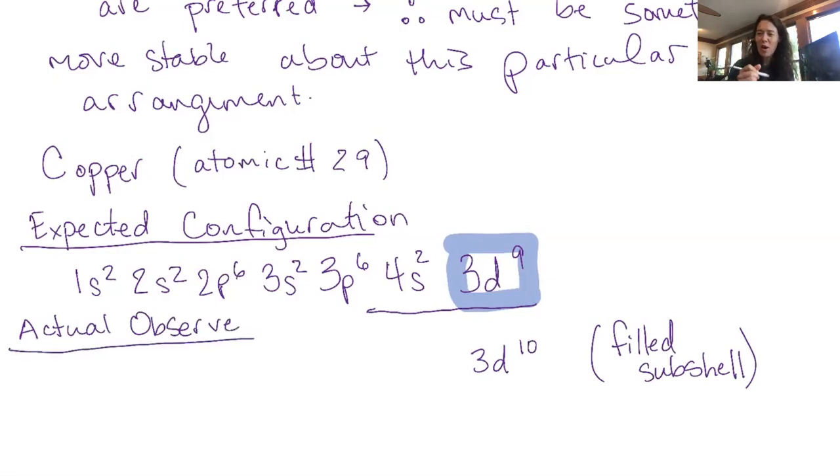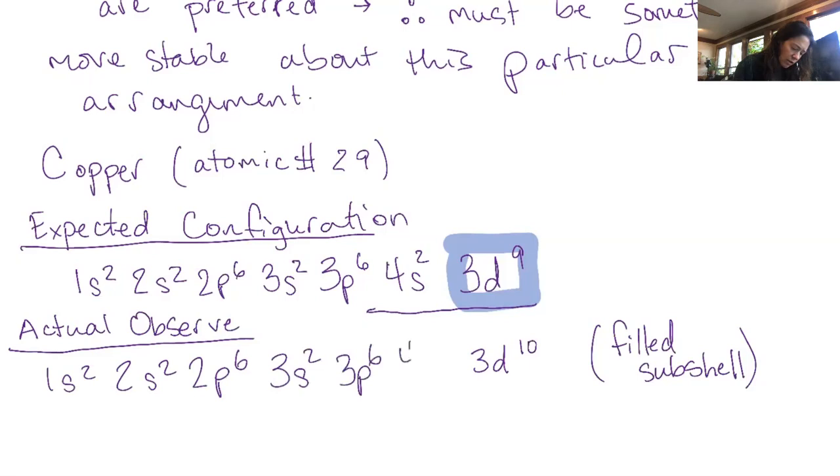But what we actually observe when we look at a photoelectron spectrum of copper is we see 1s2, 2s2, 2p6, 3s2, 3p6, 4s1, 3d10. So we see that there is a difference between what the Aufbau sequence says and what is actually observed.